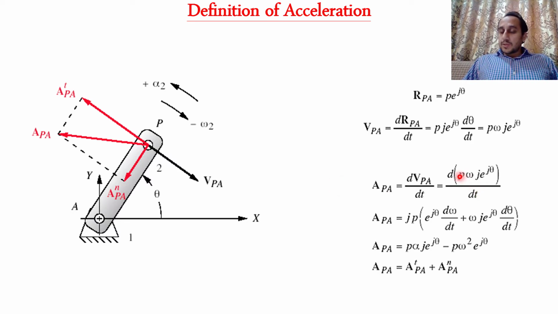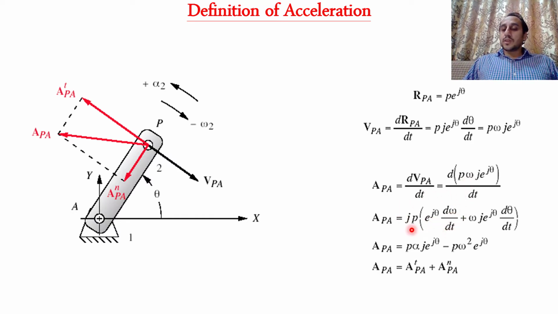अच्छा जी. सो इसमें हमारे पास दो वेरिएबल्स हैं. नंबर वन इज द ओमेगा, द अदर वन इज द थीटा. तो इसका जब हम प्रोडक्ट रूल के थ्रू डिफरेंशिएशन करेंगे तो व्हाट विल हैपन? वी विल हैव फर्स्ट टर्म को देखिएगा. फर्स्ट टर्म में हमने क्या किया है? वी आर सपोजिंग दैट दिस वन इज अ कांस्टेंट. ठीक है, दिस वन इज नॉट चेंजिंग एंड दिस ओमेगा इज चेंजिंग. तो उसकी जब डिफरेंशिएशन करेंगे व्हाट विल हैपन? वी विल हैव j, वी विल हैव p, वी विल हैव e raised to j theta, or this omega will differentiate with respect to time.